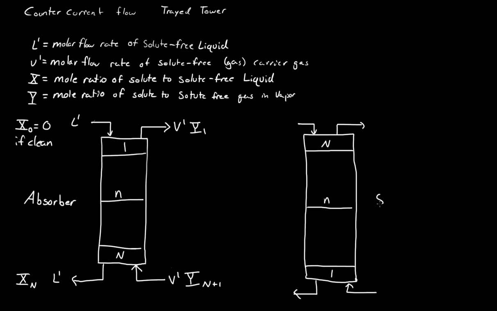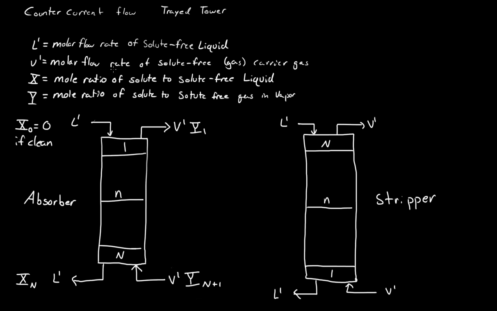For a stripper, we still have our L prime, and of course we're assuming none of the liquid is vaporized, and we're also assuming none of the vapor is condensed.